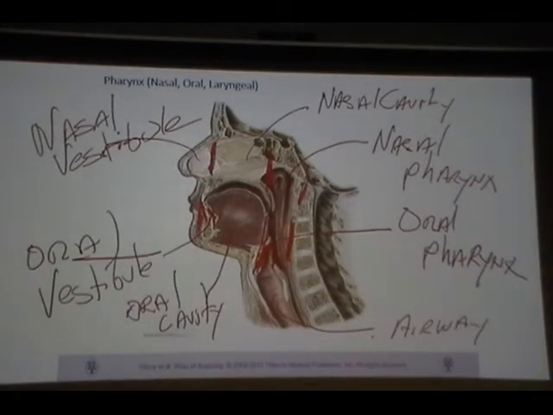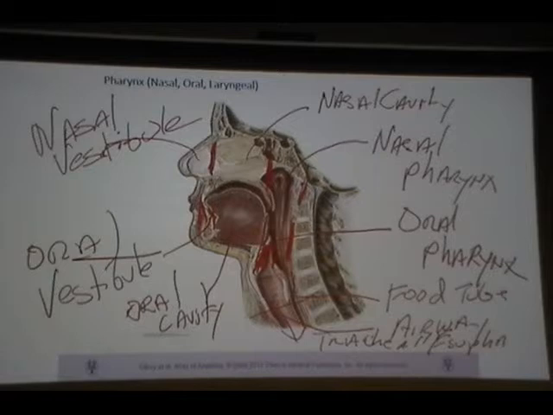And this opening here is an opening into basically the food tube or the esophagus. And then as we come down here, we go to the trachea and the esophagus. Okay, so these are three regions we're going to be looking at.